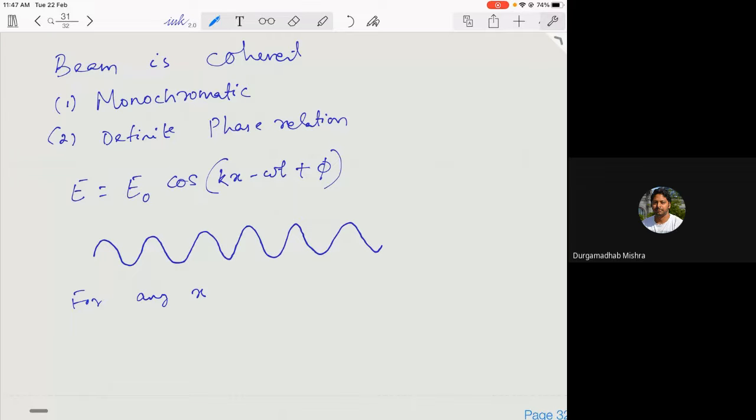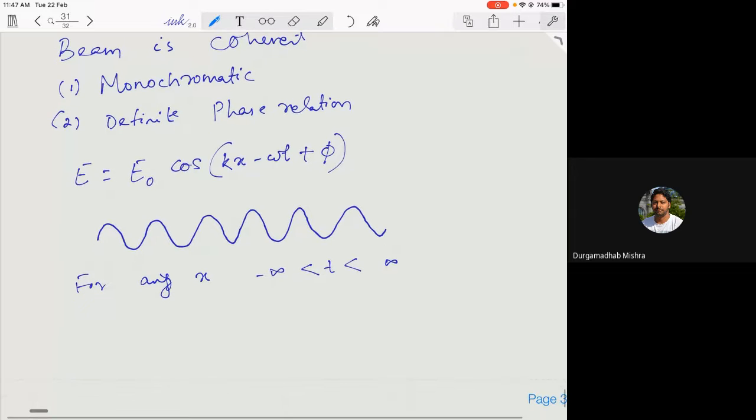So it is always a cosine or sinusoidal wave. It can be a sine wave or a cosine wave. So it is always like that at any point x and for any time t. So if I say my time is between plus and minus infinity, for any point in space x, this is a cosine wave.